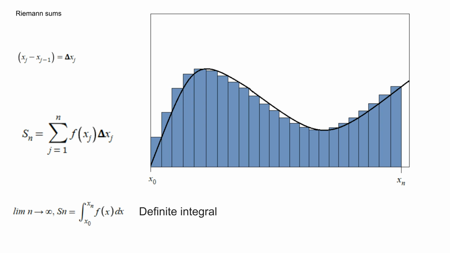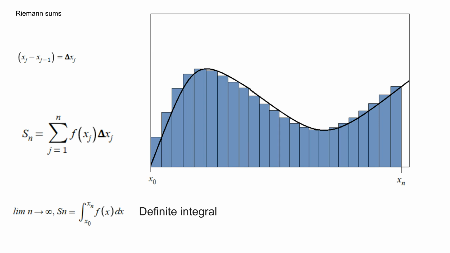We can also condense xj take away xj minus 1 into change in xj. This equals the width of the rectangles. We can insert this into the sum equation to get Sn equals the sum of f of xj times change in xj.